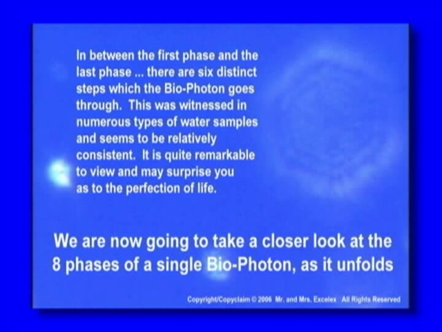In between the first phase and the last phase, there are 6 distinct steps, which the biophoton goes through. This was witnessed in numerous types of water samples, and seems to be relatively consistent. It is quite remarkable to view, and may surprise you, as to the perfection of life. We are now going to take a closer look at the 8 phases of a single biophoton as it unfolds.